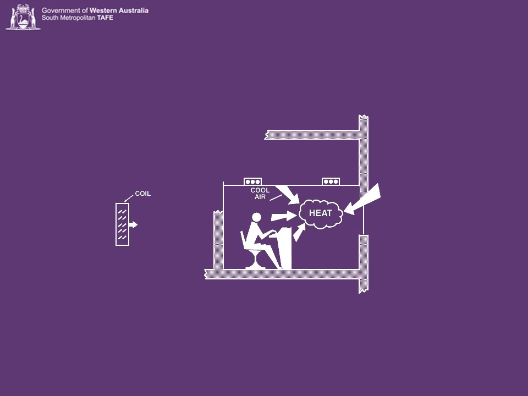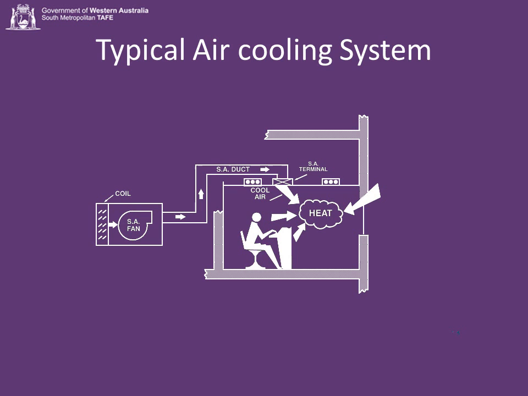There's also a need to provide oxygen so that we can breathe and to remove carbon dioxide. So we came up with a method of supplying cool air. Supply air, basically. Normally we supply this through a duct to some sort of supply air terminal.